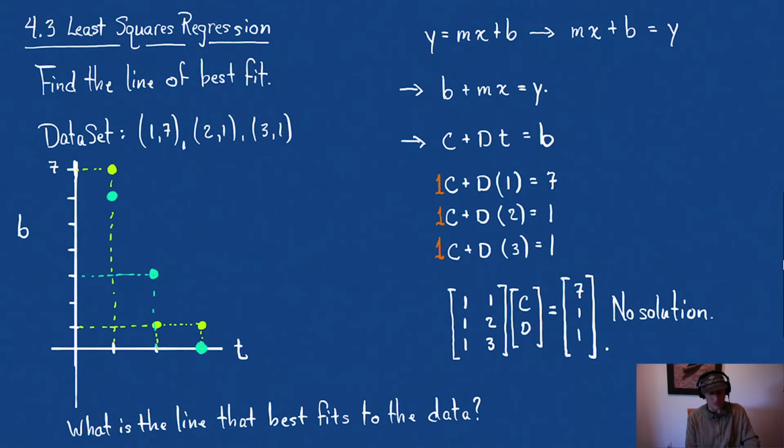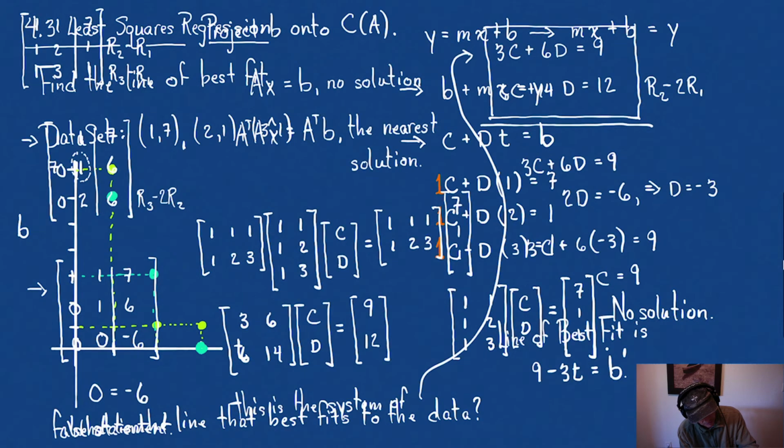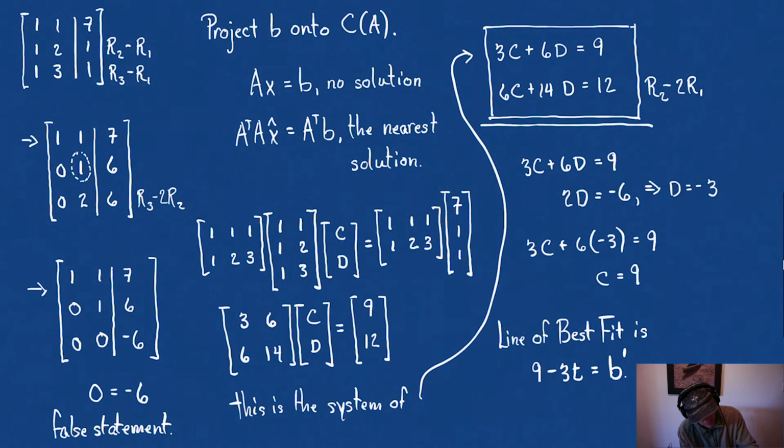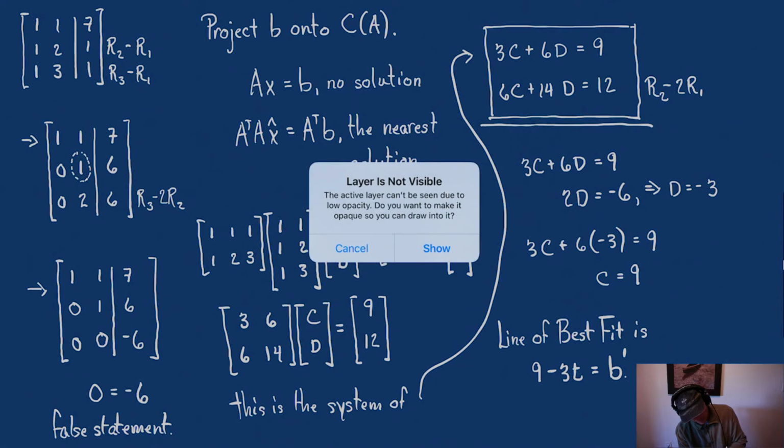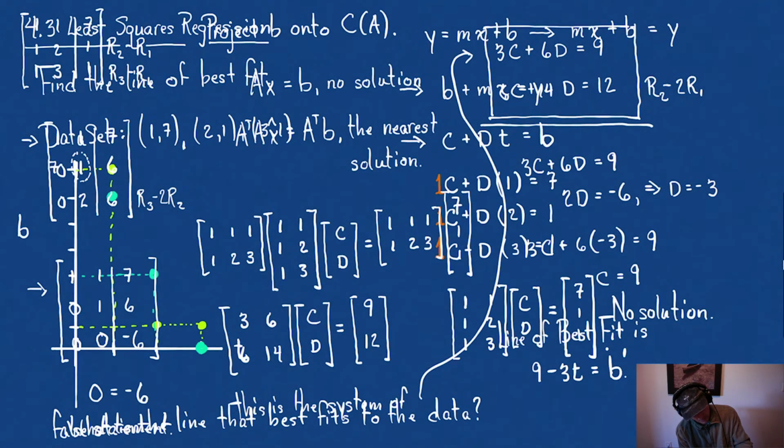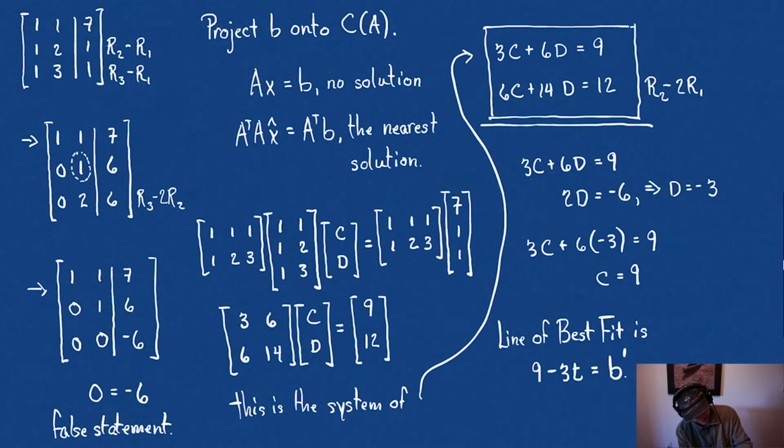We also said that these are my b primes, or I could call them my p's. I probably should have just called them p. Actually, I think I'm going to go back and make a correction here. Let's fix this. That's part of math, seeing what happens. This shouldn't be b prime, this should be a p.